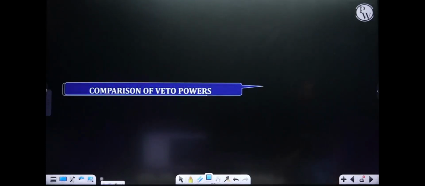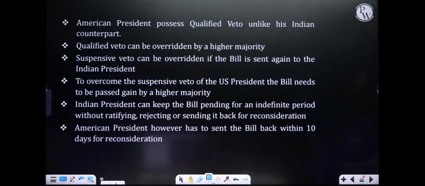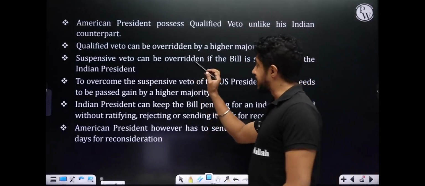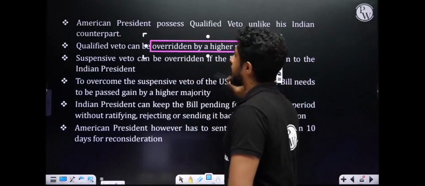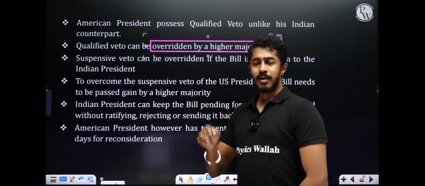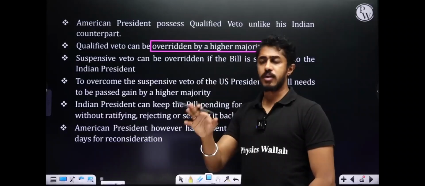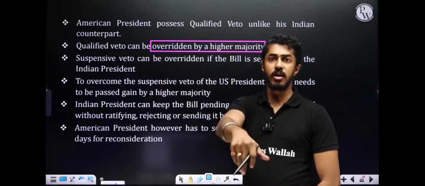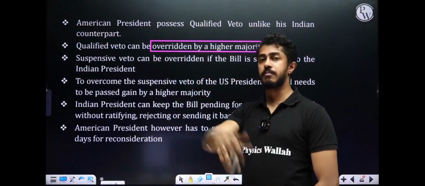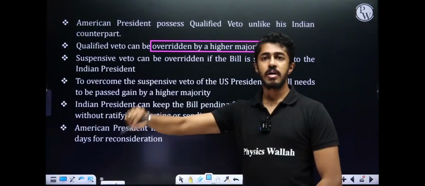Let us compare the veto powers now. The American president possesses qualified veto unlike his counterpart. Qualified veto can be overridden by a higher majority. That means if the president does not give the assent, but a higher majority in the Congress passes the bill again, he has to give assent.